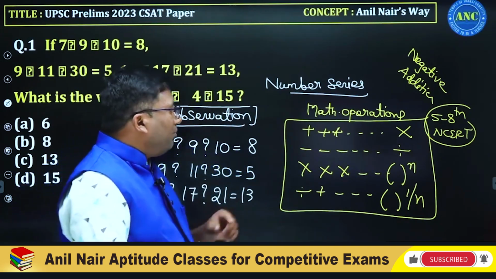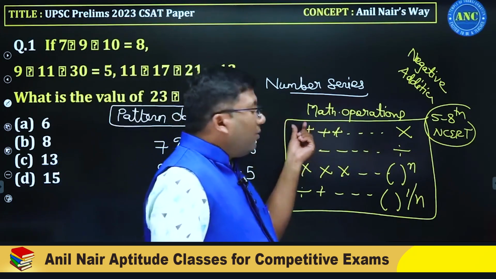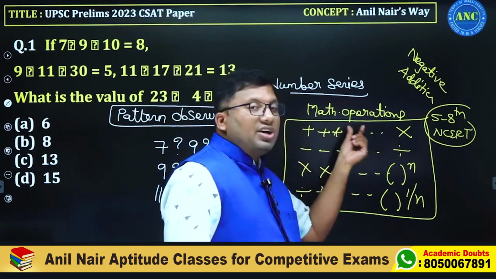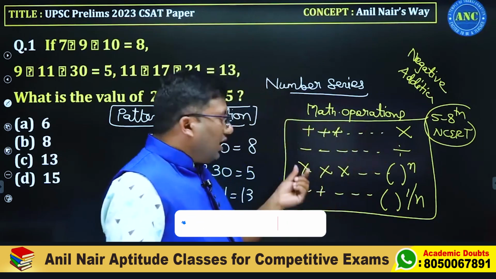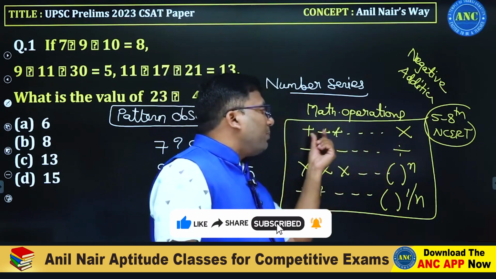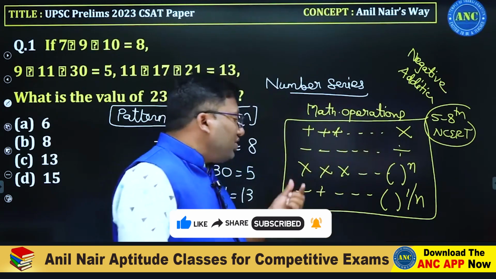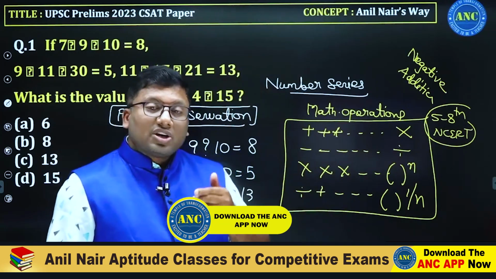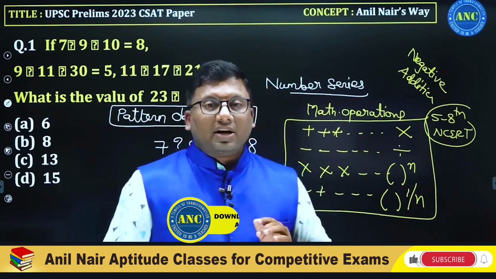In an NCERT book, first plus is taught, then negative addition is called subtraction, then repeated addition is called multiplication, repeated multiplication is called a power function, repeated subtraction is called a division function, repeated division is called a surd function. That is how the mathematical operators have evolved.